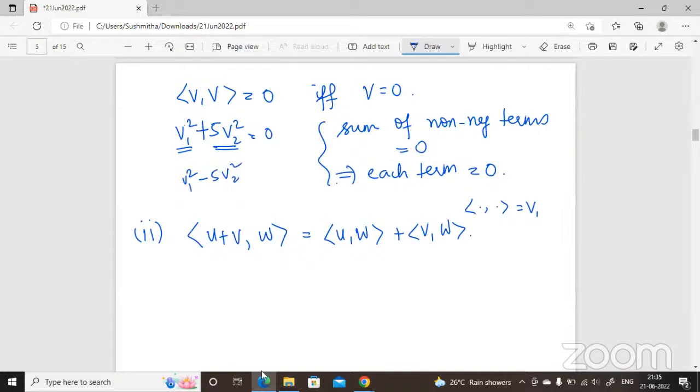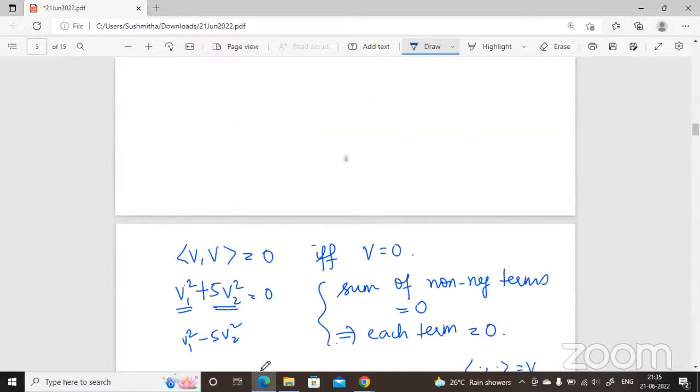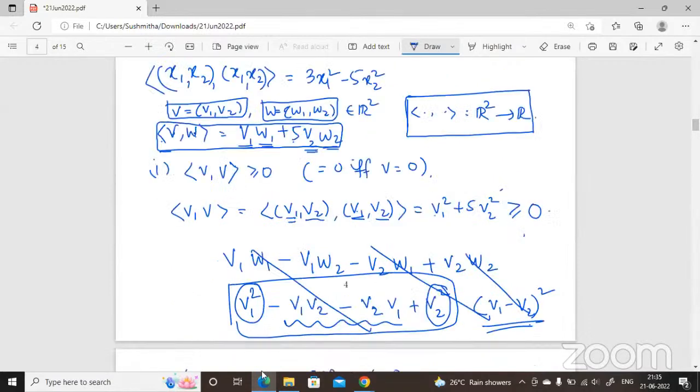No, this lowest one is an inner product. This is that second example. This is an inner product because inner product of V with V is V1 squared minus V1 V2 minus V2 V1 plus V2 squared. This is nothing but V1 minus V2 whole squared, no?